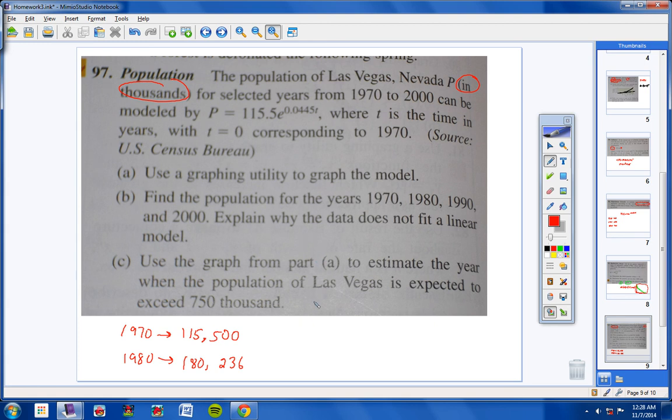And then let's see, 1990 would be, we would put 20 in, 281,257.